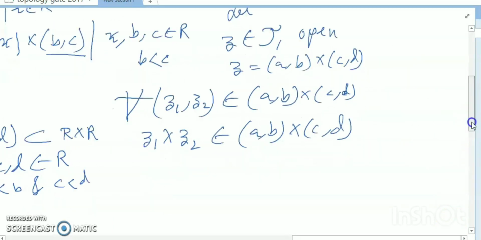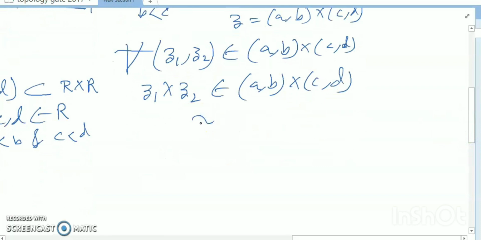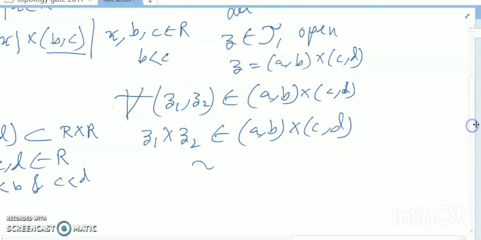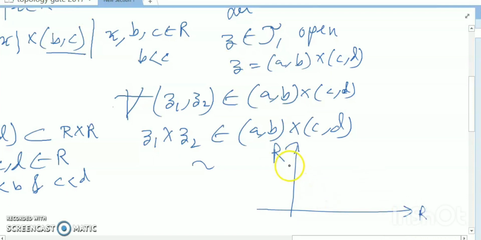So friends, we see that tau 1, so we see that this is the map, and this is R, R cross R. This point is D and this point is C, and this is A and this is B.